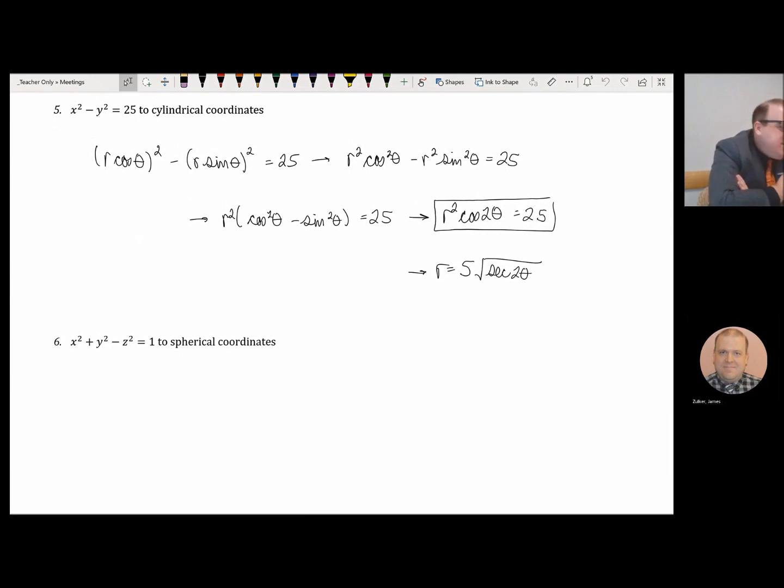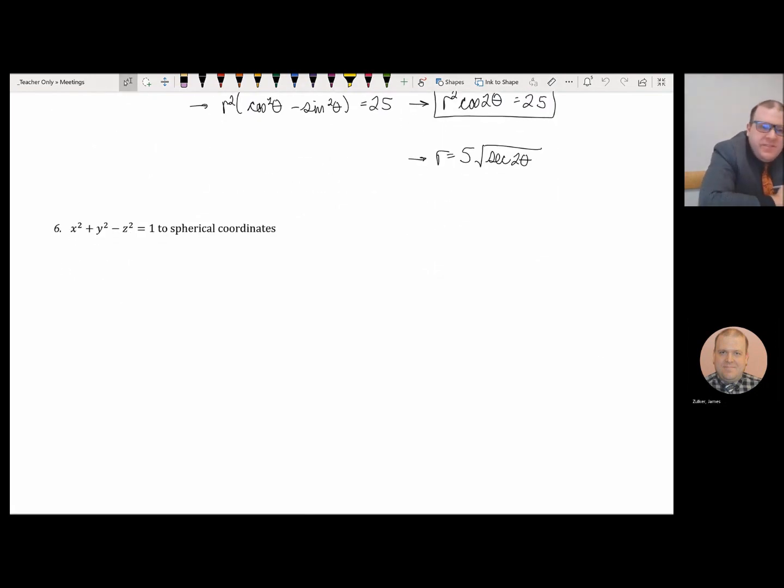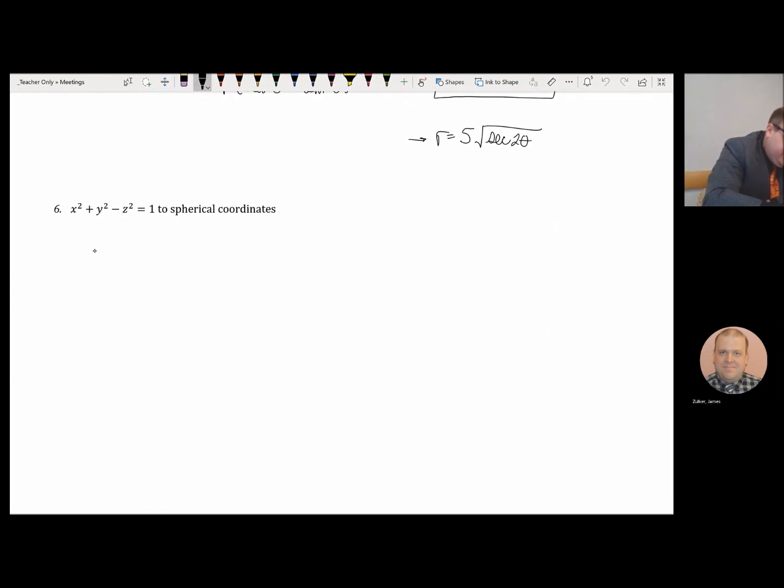x squared plus y squared minus z squared equal to 1. We want to write this in spherical. Right, well, x is rho cosine theta sine phi. y is rho sine theta sine phi. z is rho cosine of phi.